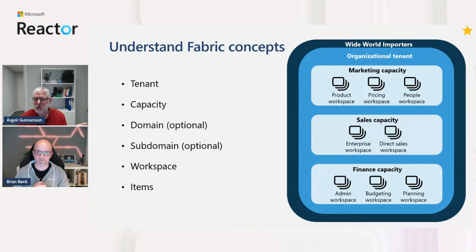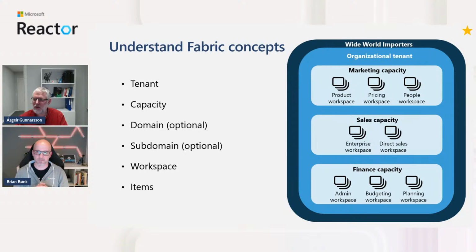And then within each workspace, you will have items. So items like a Lakehouse item, or a warehouse item, or a KQL database, or a Power BI report, or a semantic model. All these different things can belong to a workspace. If you look at the image on the right, you will see that we have one tenant, which is the light blue, and then the lightest blue in between, or the light gray, whatever you call it, is a capacity.